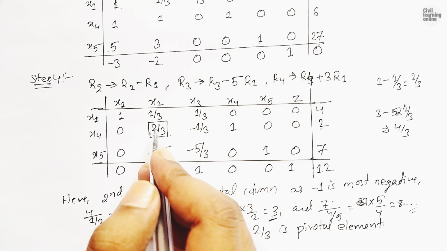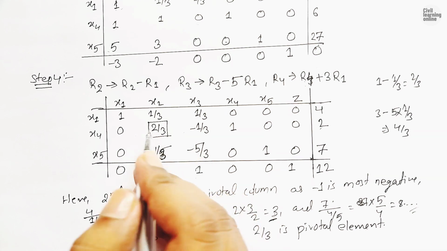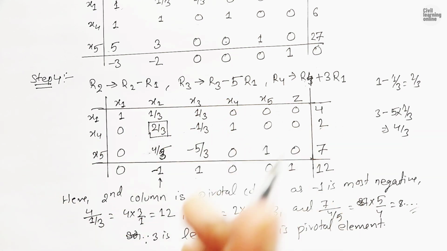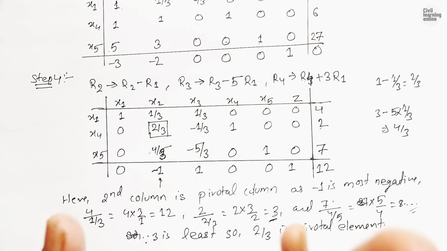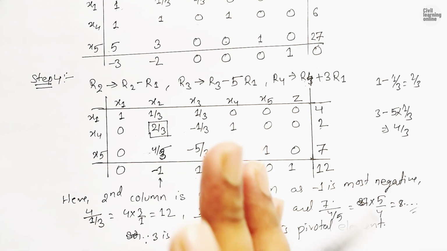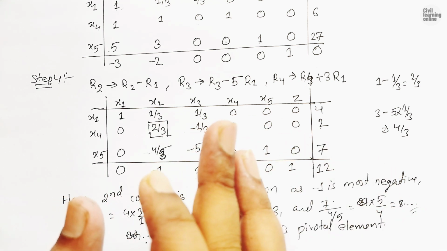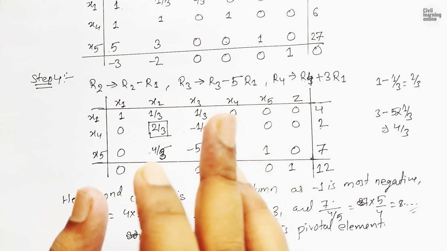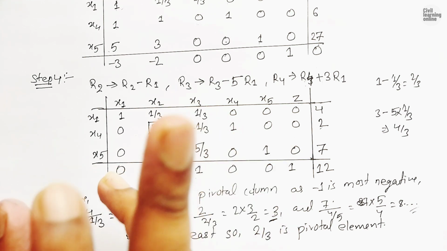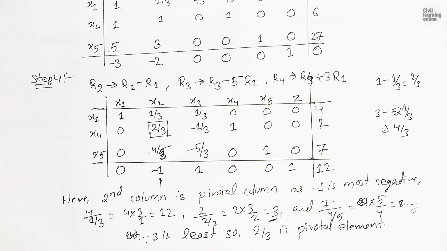So if we multiply 2 by 3 by 3 by 2, we will easily convert this element to unity. We all know that we can convert any number to unity either by multiplying or dividing, and we can convert any number to 0 by adding or subtracting. So now let's move to step 5.